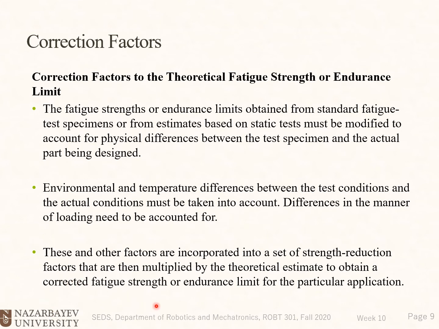So you see that they also call it the strength reduction factor because these factors are less than 1. What we find from the experimental data or the theoretical estimates is higher than the real strength of the material. We need to reduce it by taking into account different environmental and temperature differences.